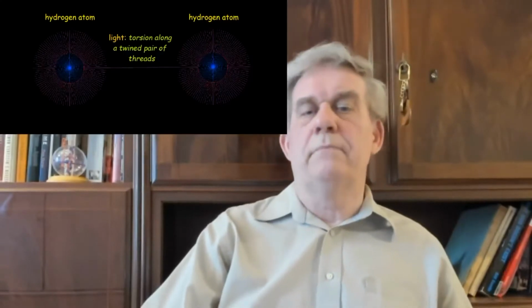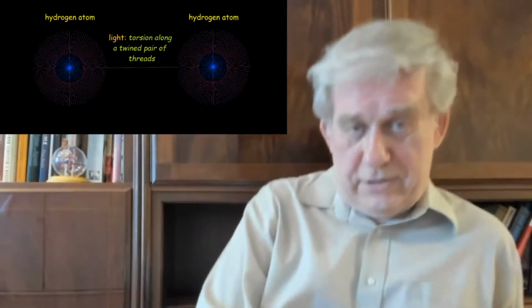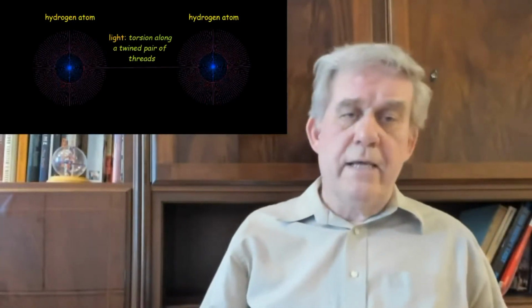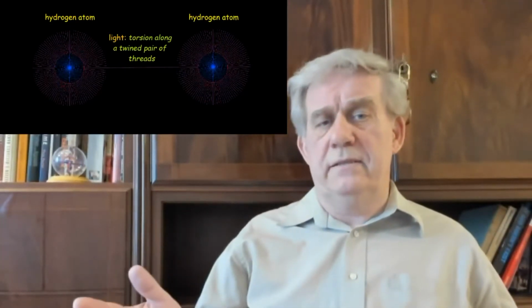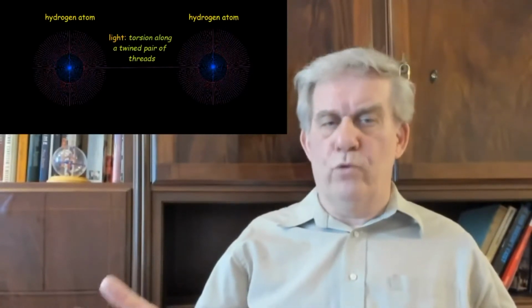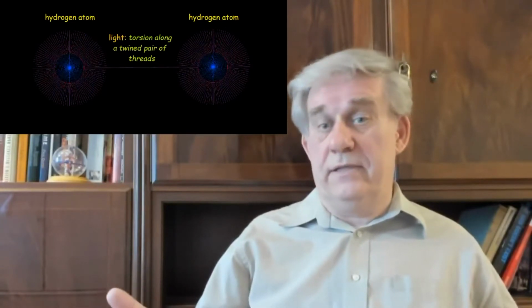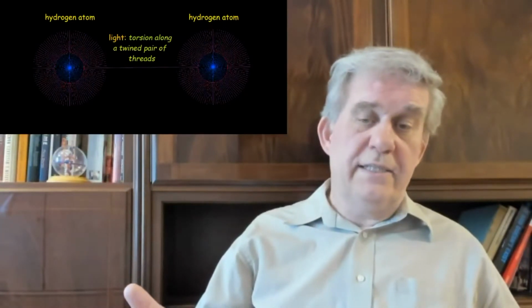So here I'm going to show the bottom line for us. I'm going to move a little bit aside so that you can see that a little better. That's the basic system. We have two atoms interconnected by a rope, two twined threads. You can think of the twined threads as DNA-like.